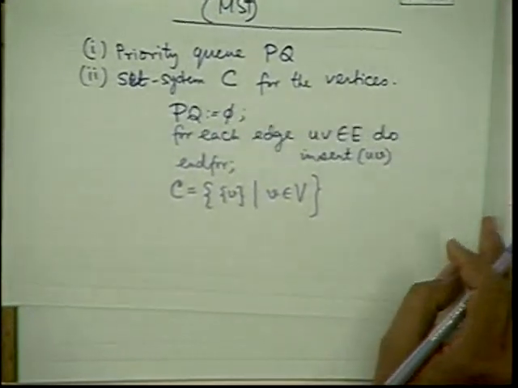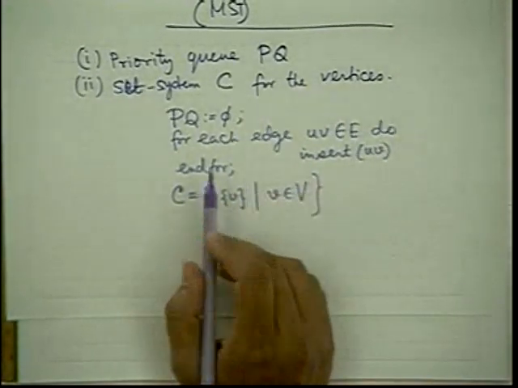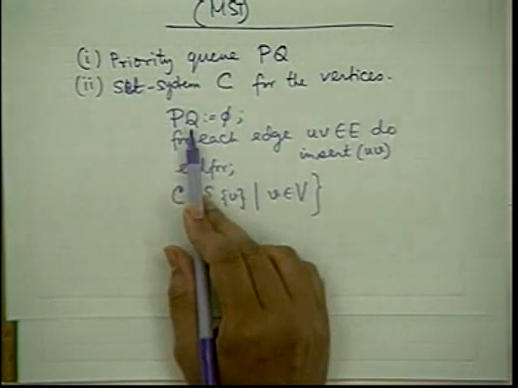Now the algorithm proceeds like this. It extracts the minimum from the priority queue PQ and checks whether that edge is safe or not. First of all, it checks whether that edge joins two different sets or not. The sets C maintains will be nothing but the small trees. As the algorithm proceeds, the trees will be merged together to form a larger tree.